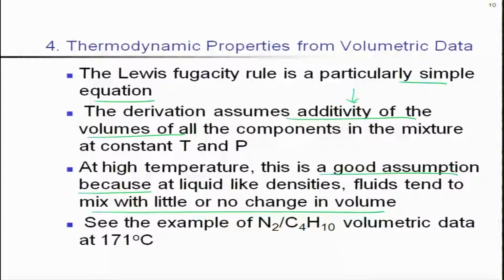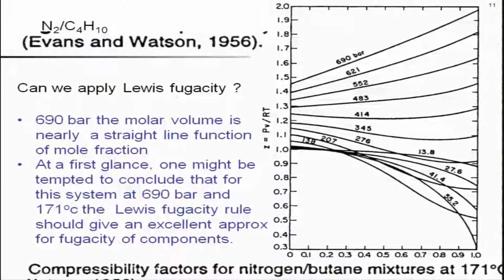So, let us look at the example of nitrogen-butane volumetric data at a specific temperature, 171 degrees Celsius. This is an example taken from the literature due to Evans and Watson, and the data is from 1956.